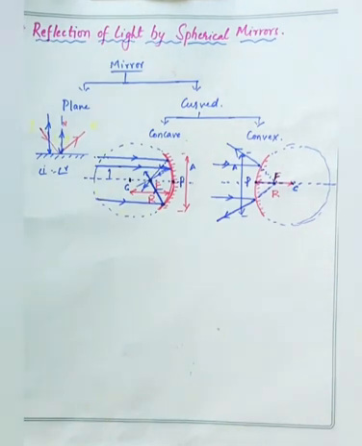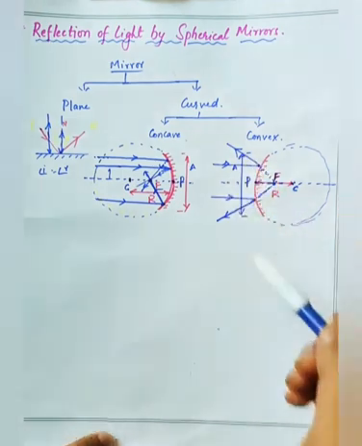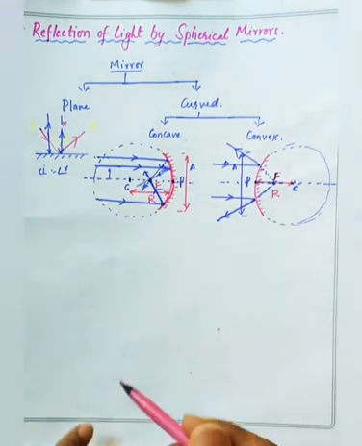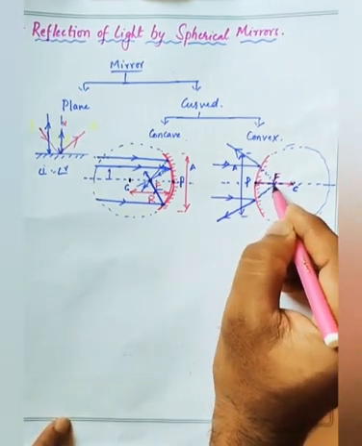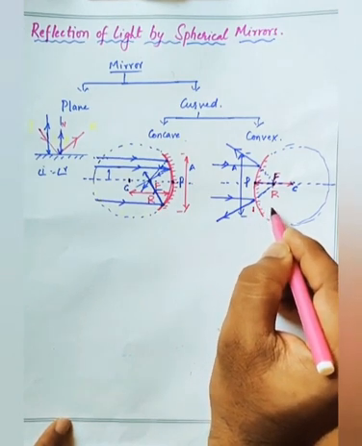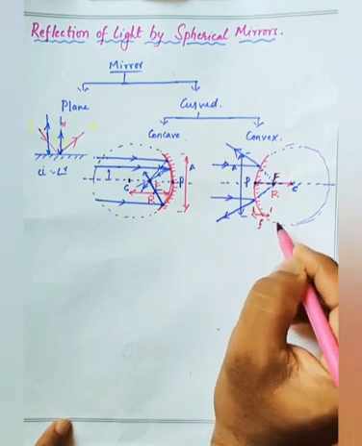We'll study the details of this a bit later. Now we'll see what the focal length, f, is. The distance between the principal focus and the pole is nothing but the focal length.